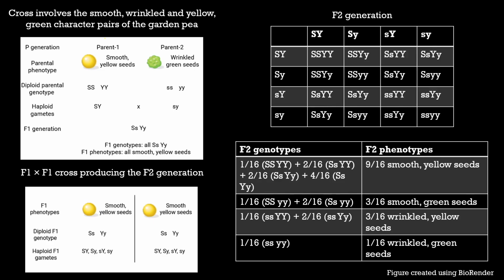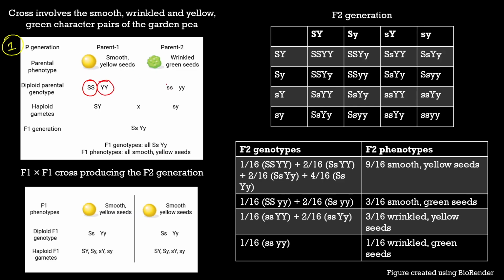When you are doing a cross breeding between the original plants, that is the parent generation, you have the smooth yellow seeds and the wrinkled green seeds. So the genotype for these two would be SSYY and small s small s, small y small y. At the genotypic level, you have the SS, which is for the smooth, and the YY, which is for the yellow.